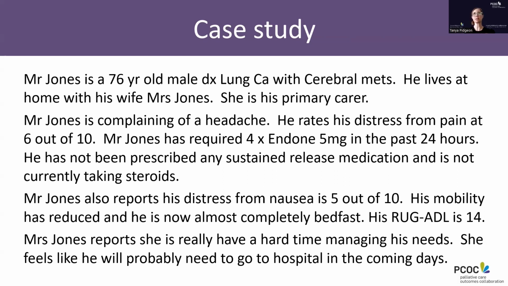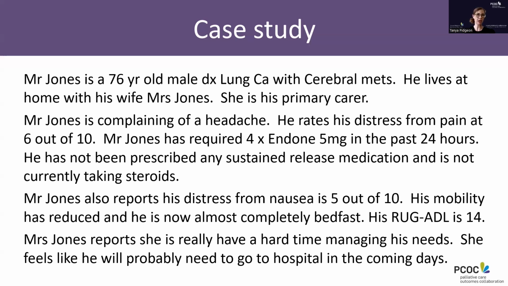So Mr. Jones is a 76-year-old male diagnosed with lung cancer with cerebral metastases. He lives at home with his wife, Mrs. Jones, and she is the primary carer. Mr. Jones is complaining of a headache. He rates his distress from pain as a 6 out of 10. Mr. Jones has required 4 times Endone, 5 milligrams in the past 24 hours.